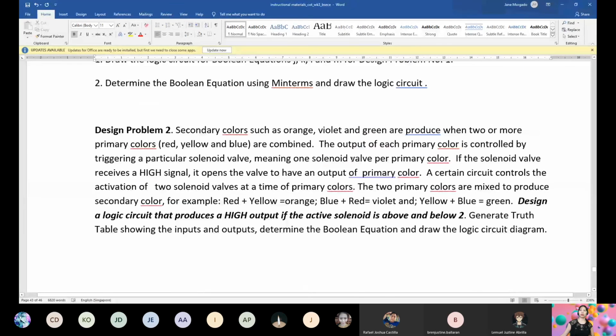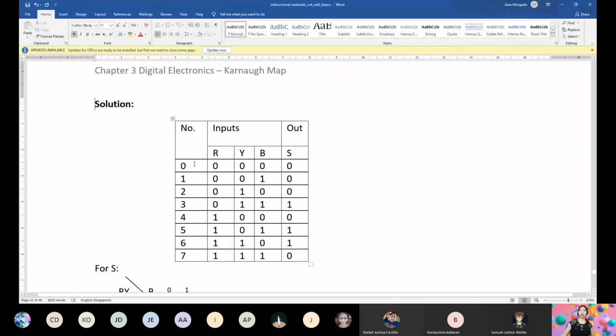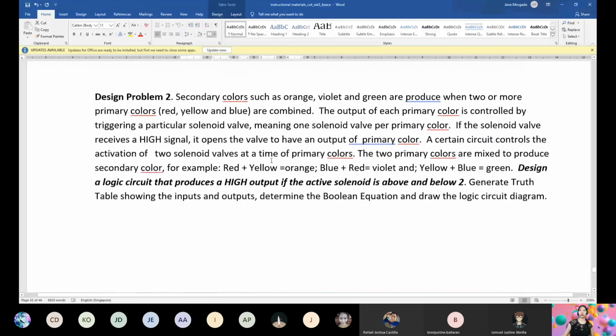Solution. So sabi dito, we have three inputs. We have red, yellow, and blue. So again, para to turn on the solenoid valve, it should receive an input of, ano ba yung sabi dyan?